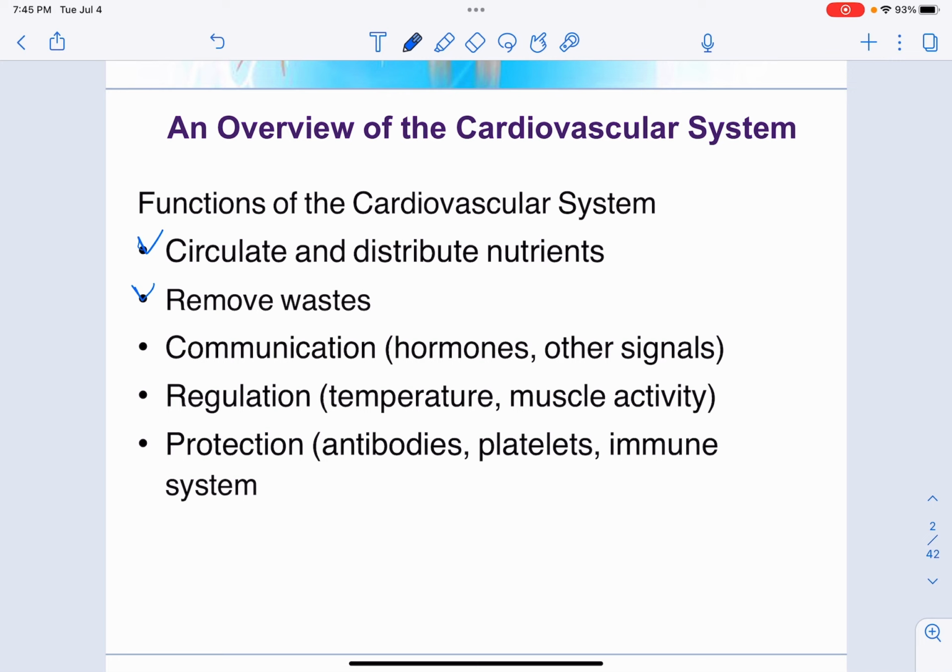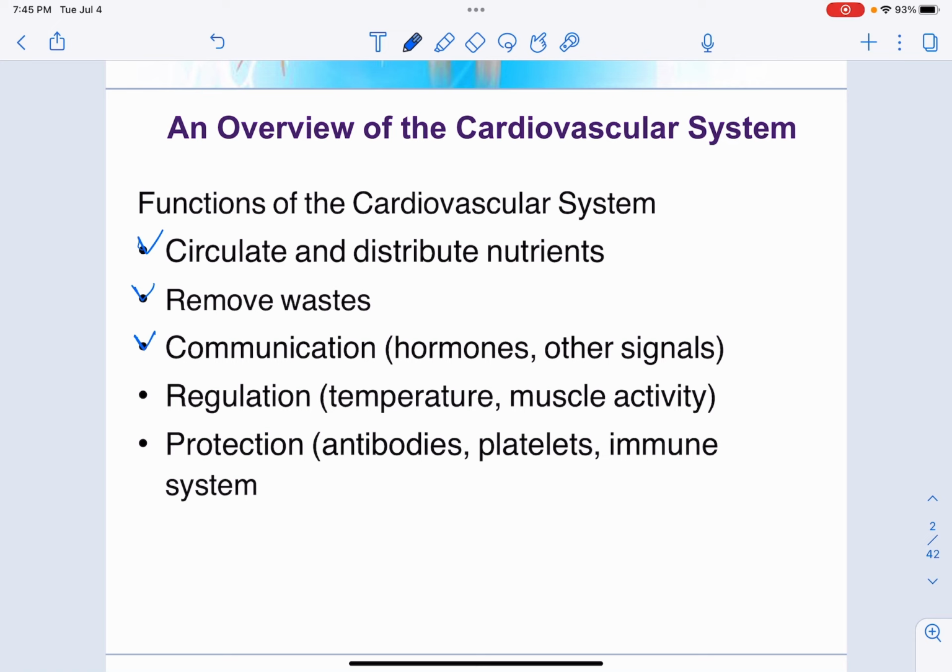Also being circulated around the body are chemicals involved in communication. So there are hormones that are released within the blood and other proteins that allow for the body to communicate. And the cardiovascular system also plays a role in the regulation of body temperature and muscle activity.